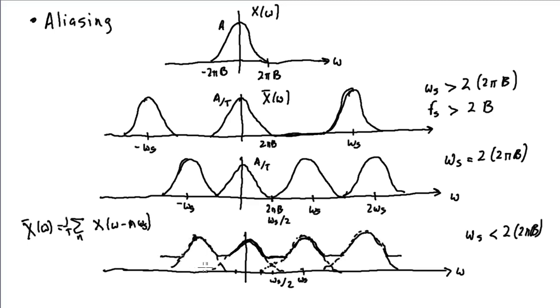The point is now that if I low pass filter with a filter that has a bandwidth at omega s over 2, essentially this frequency minus omega s over 2, I'm not going to get back the original spectrum. I'm going to actually recover a distorted version of the spectrum.